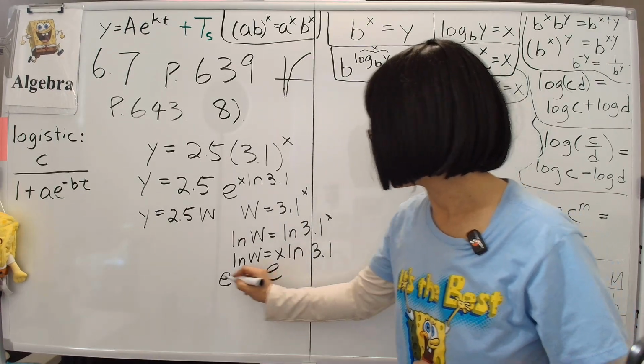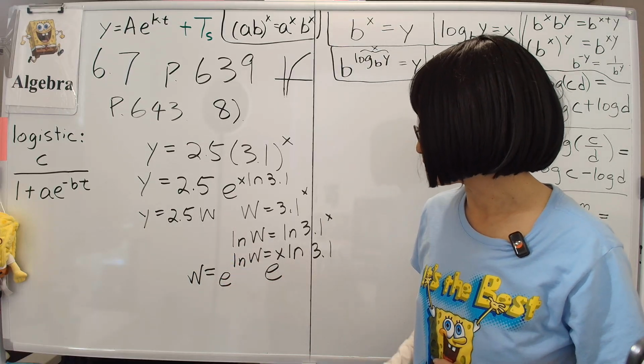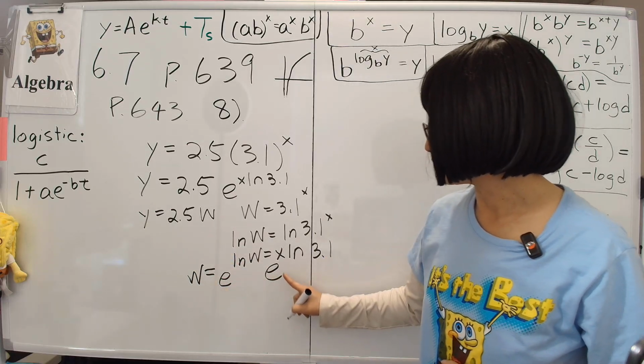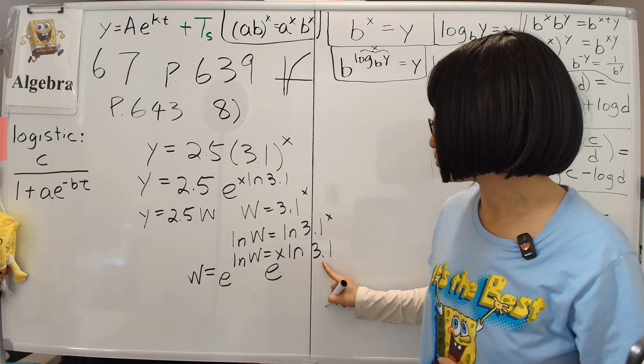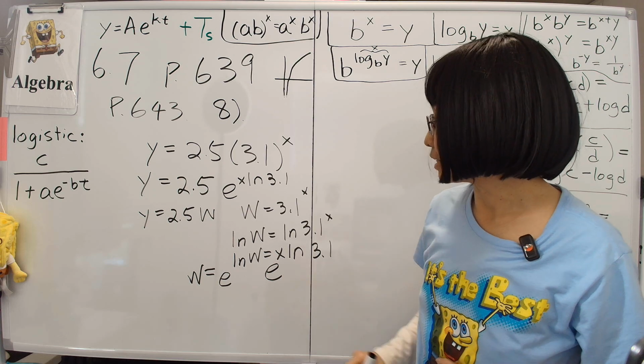So similarly, this thing is the same as w, because e and natural log cancel out. So then w is equal to e to the power x natural log of 3.1, which is what I wrote here, and that is the answer.